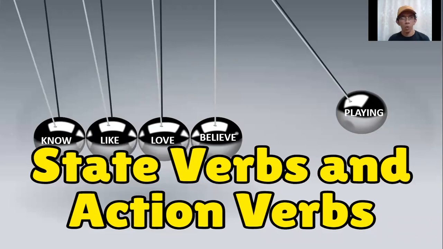Why is this important? Because action verbs can be in simple form and in continuous form, like in the example here in the presentation. I play soccer every day. I'm playing soccer right now. Okay? It is possible to use action verbs in continuous form. Now, state verbs usually do not go in continuous form.